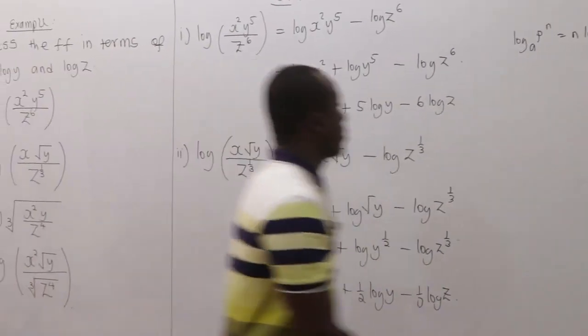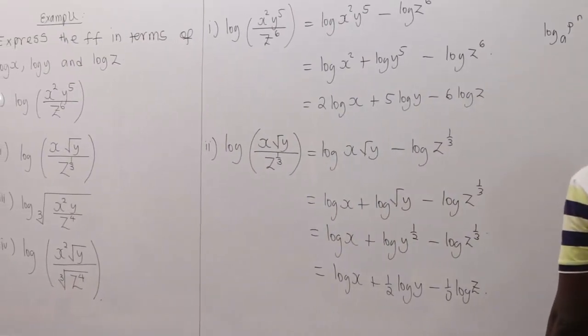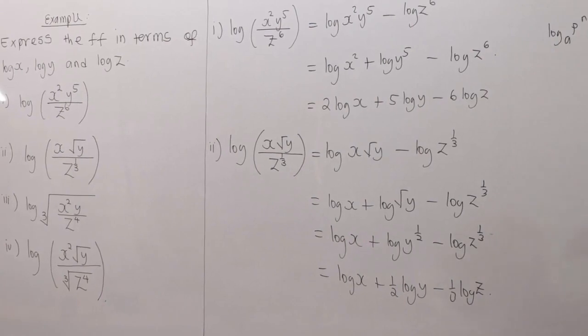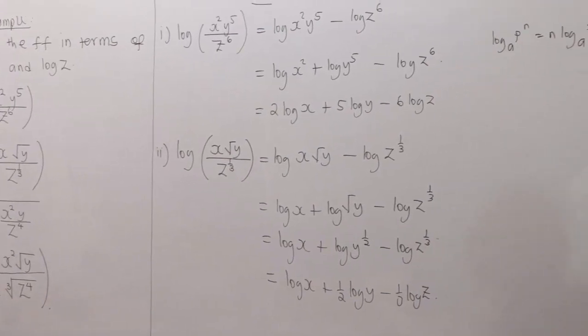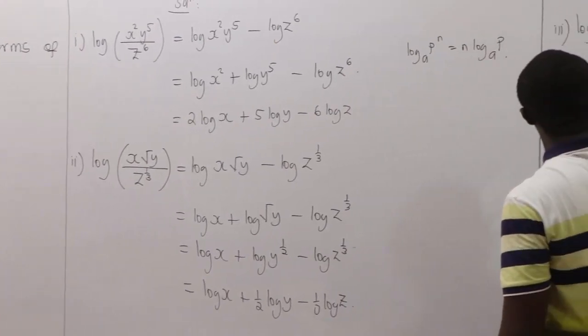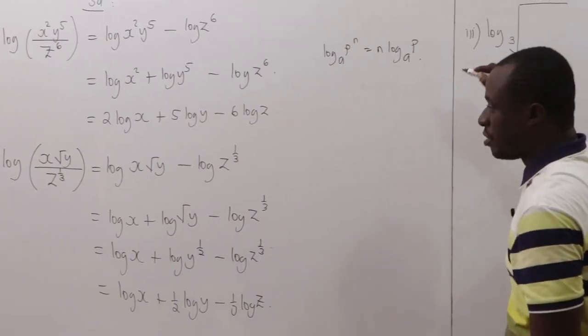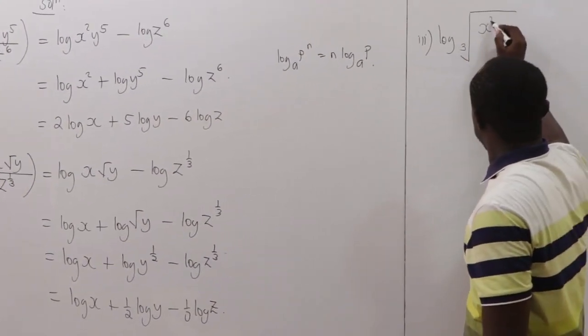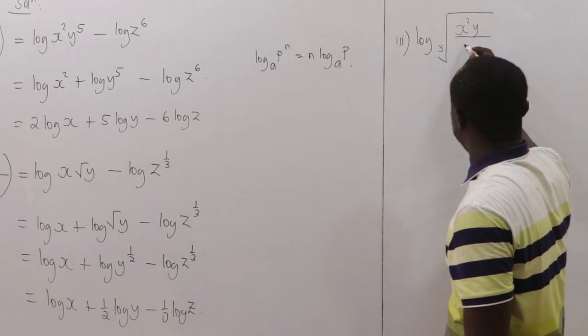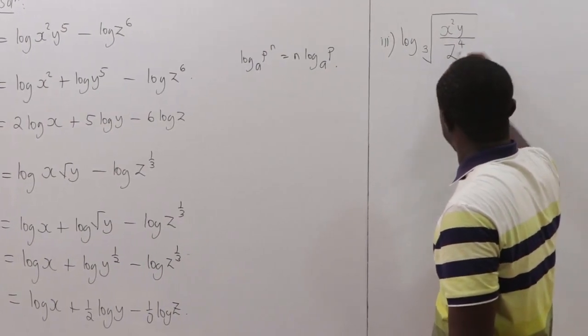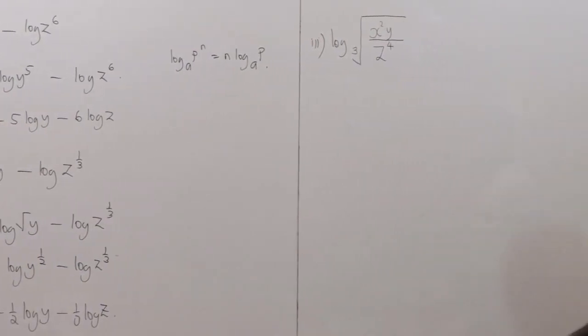Now let's see the third question. The third question we have log cube root of x squared y all over z to the power 4.